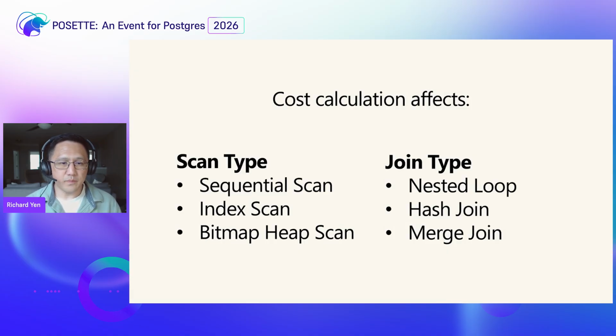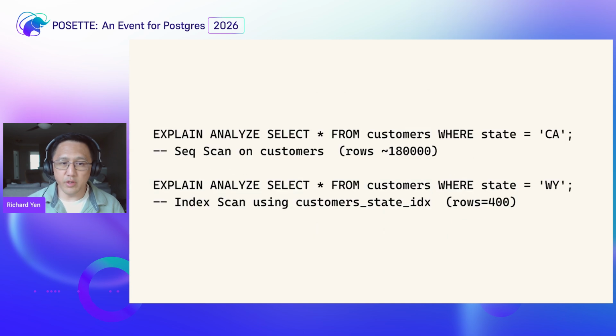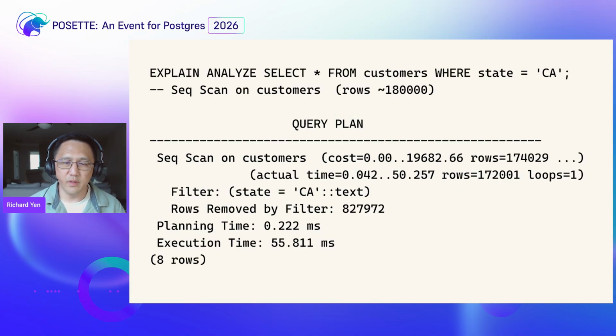So I'm going to move on and show you an example of how these cost calculations might affect the outcome of a query. Just like we started off with, we have a select on customers where state is California, and we have a select on the state of Wyoming, and we'll see how that gets affected by the costs.